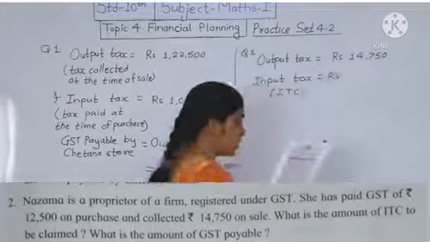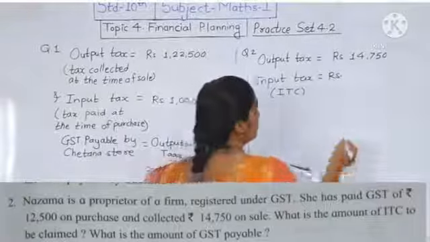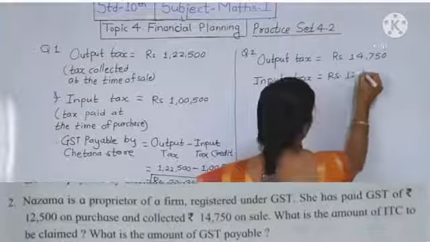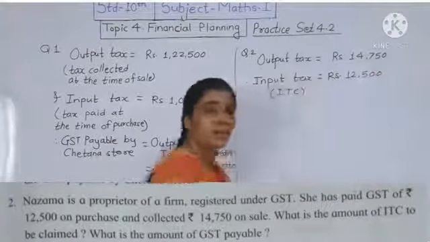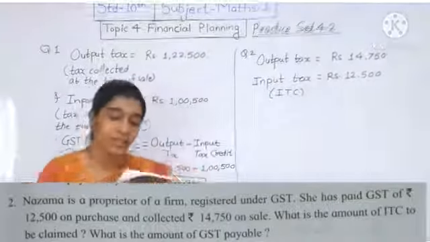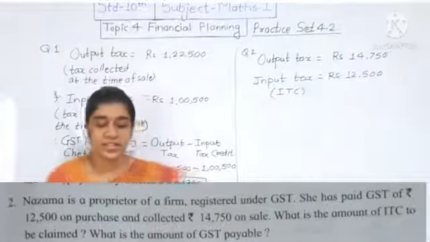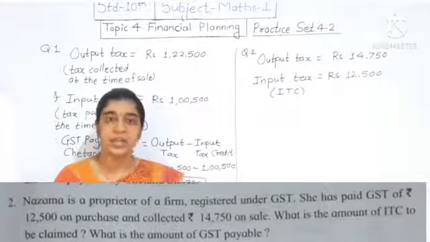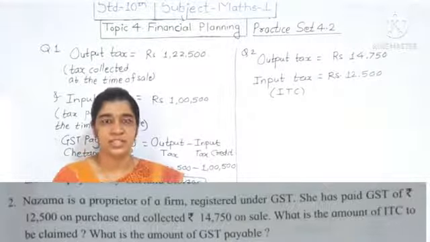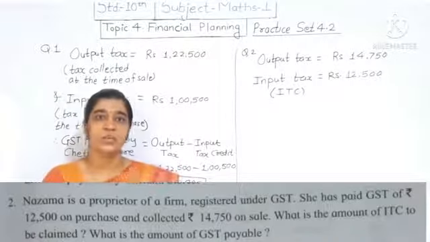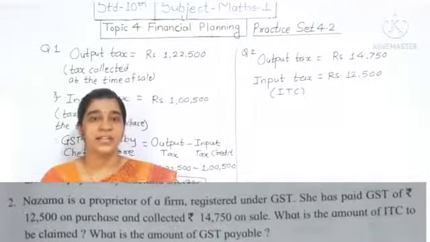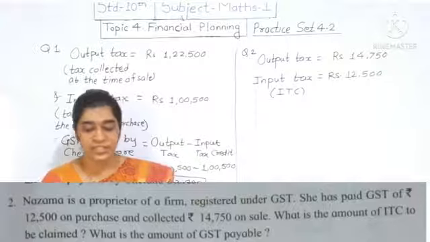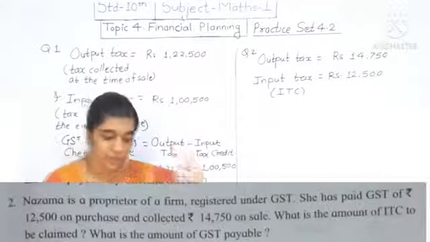And what is the input tax given? 12,500. Students, you notice that output tax is collected at the time of sale and input tax is paid at the time of purchase. At the time of purchase, we call it input tax, and at the time of sale, the tax is called output tax.